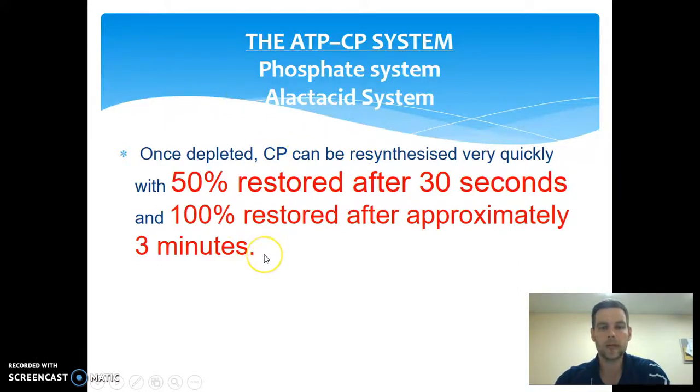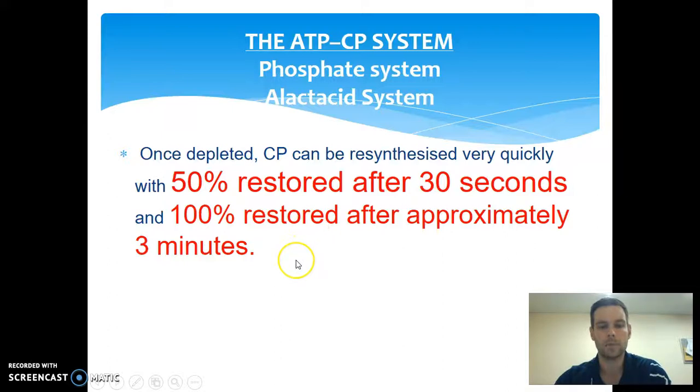If you think about that in a real-life situation, if we go outside and do a 30-meter sprint, or even a 50-meter sprint, something that lasts under 10 seconds, and we rest for 30 seconds, we're going to get 50% of our CP stores back. If we rest for 3 minutes after our 50, 80, 90-meter sprint, which lasts under 10 seconds, we're going to get 100% or nearly 100% of our CP stores back.